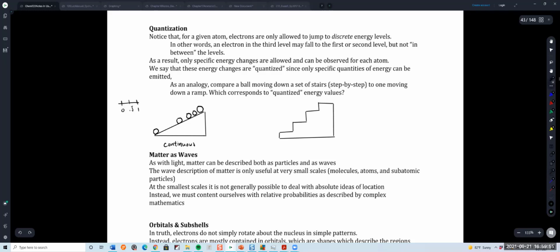Where the idea is the ball can be here, and if it's perfectly flat, so that's one energy, or it can be here, or here, and it gets flat, or it can be here. And so there's only levels allowed. That's what we call quantized.